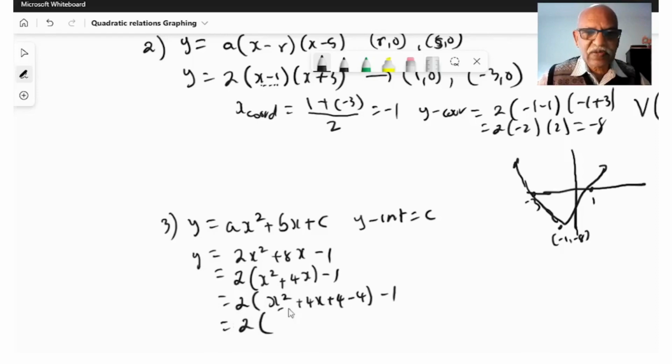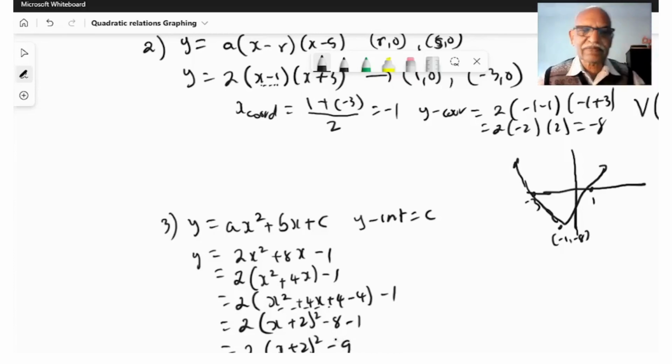The first three terms with the positive 1 are always (x plus half of 4) squared. I take the minus 4 out by multiplying it by the outside number. 2 times negative 4 is negative 8. Therefore, 2(x plus 2) squared minus 9.